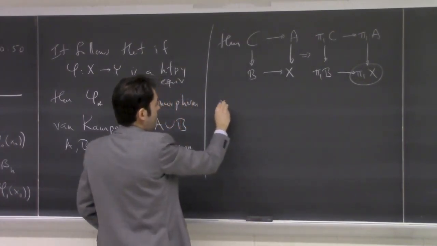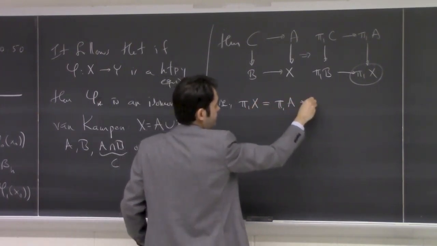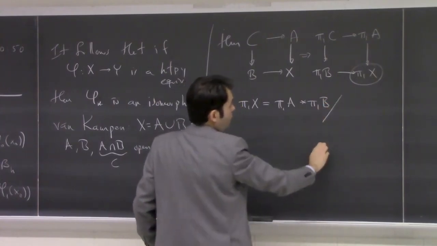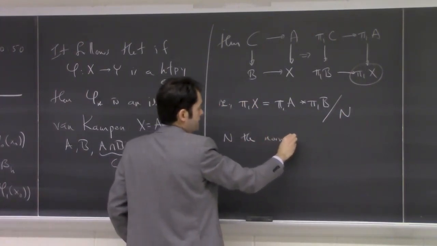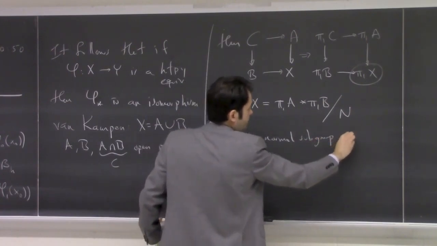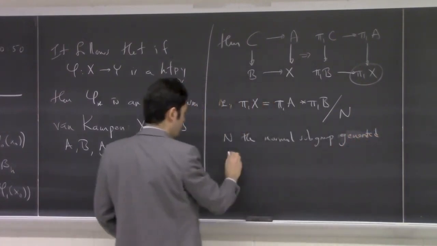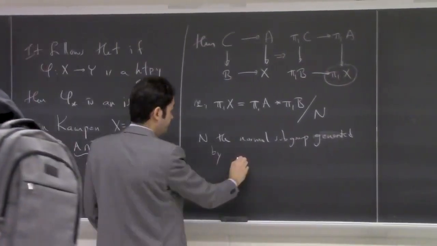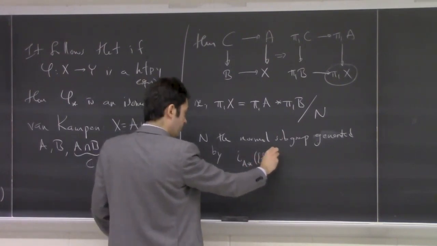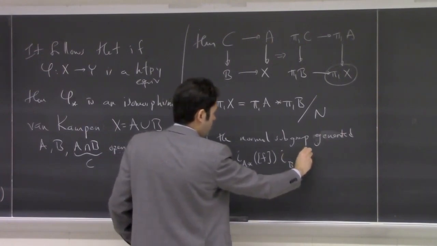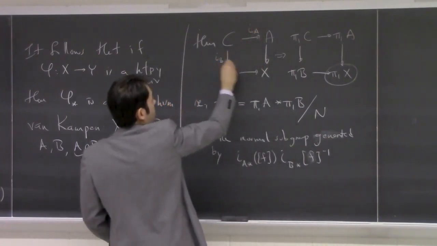Right? So, i.e., pi1 of X is equal to the free product of these two, where you mod out by the normal subgroup generated by iA star of gamma times iB star of gamma inverse, where this is iA, this is iB.